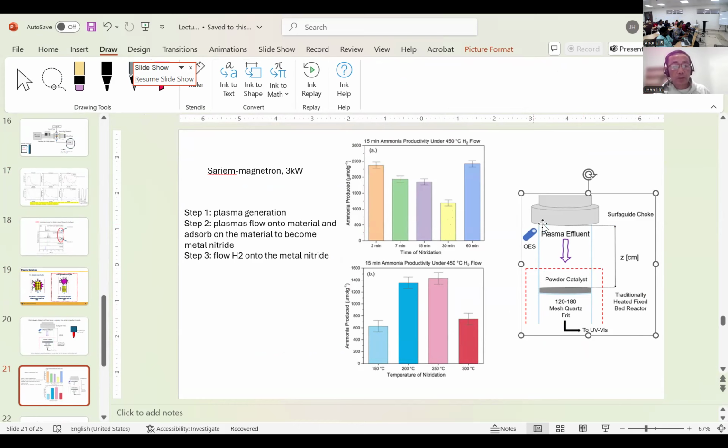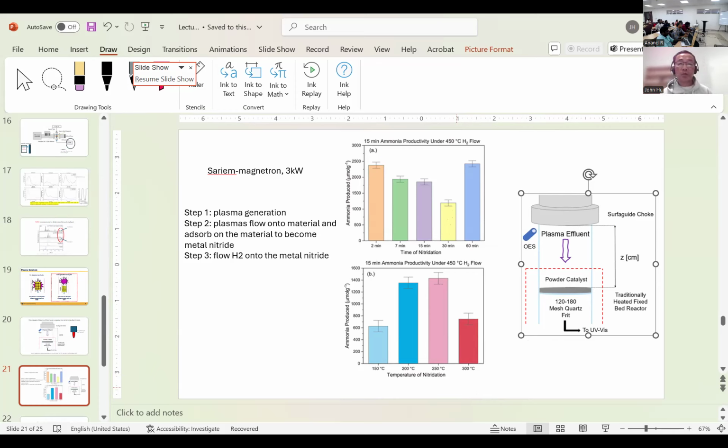But once you generate plasma, we don't have to maintain this at 700 degrees C. We can maintain this at very low temperature. So this is certainly much better than the conventional heating. Conventional heating, you need to maintain 700 degrees C. So we can lower the temperature by almost 500 degrees C. 500 degrees C, that's a lot of energy savings.